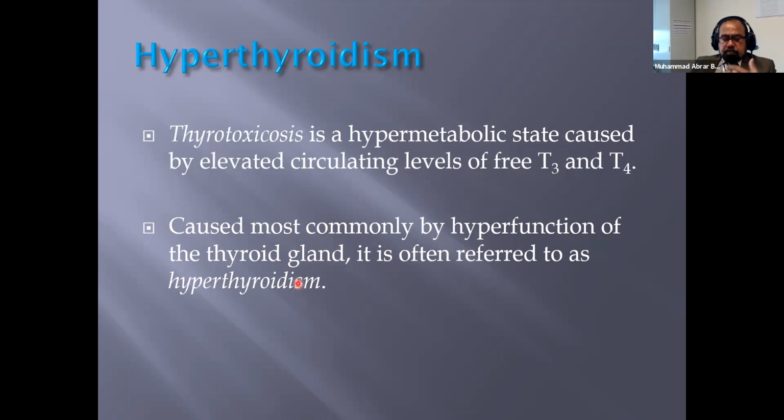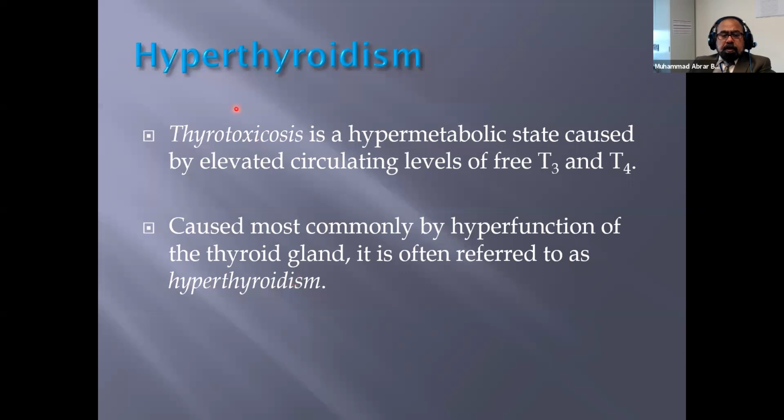So the thyroid gland is hyperfunctioning to secrete more and more thyroid hormone, referred to as hyperthyroidism. So these two conditions, thyrotoxicosis and hyperthyroidism, actually go together. You can use the term hyperthyroidism or you can use the term thyrotoxicosis.